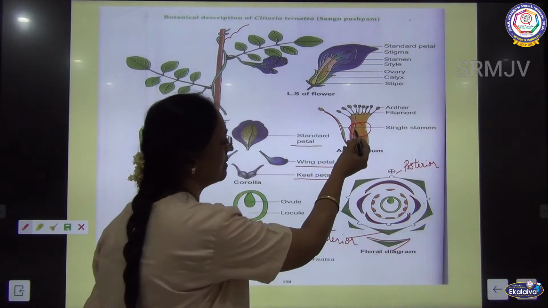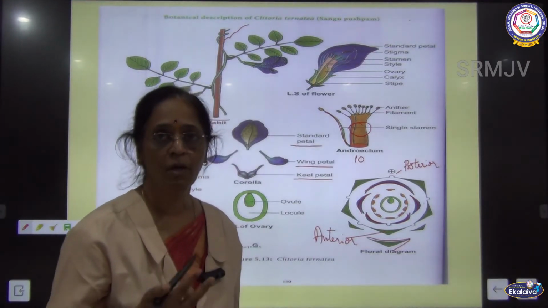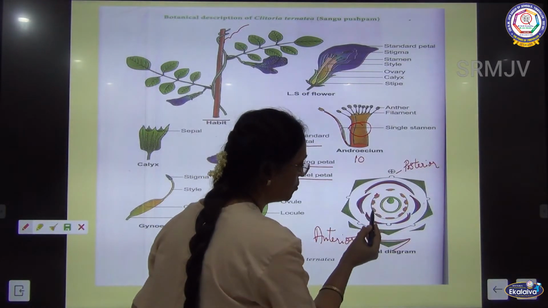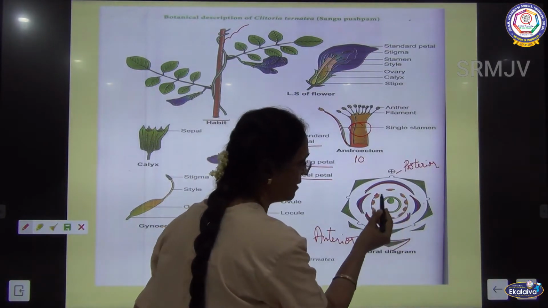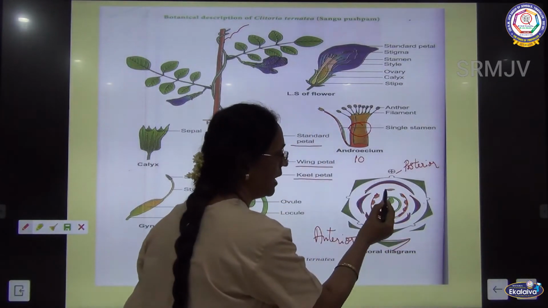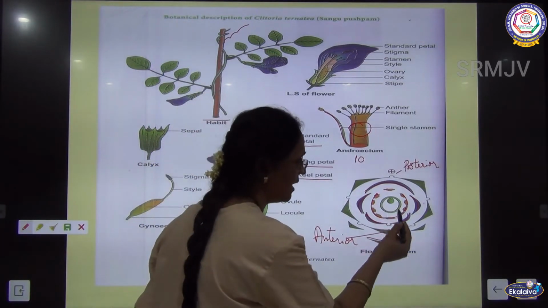And the androecium, we said the anthers are 10 in number, forming 2 bundles. So you will find that 1, 2, 3, 4, 5, 6, 7, 8, 9 form one bundle. They are joined together and one remains free, and these are dithecous, and this is the gynoecium.